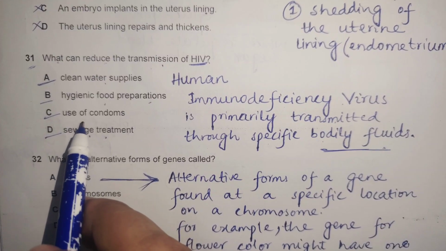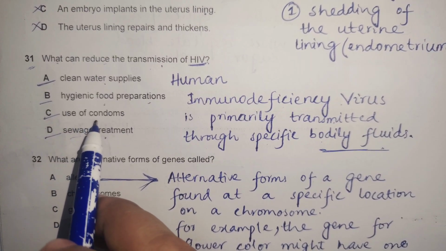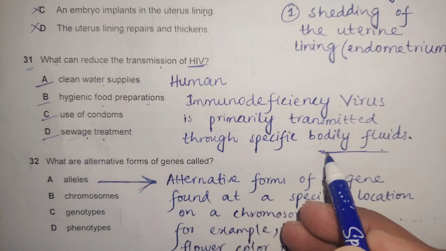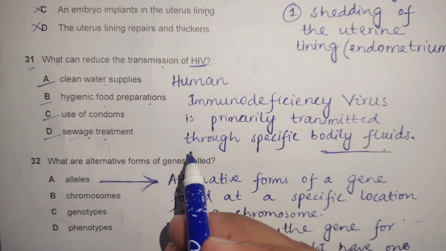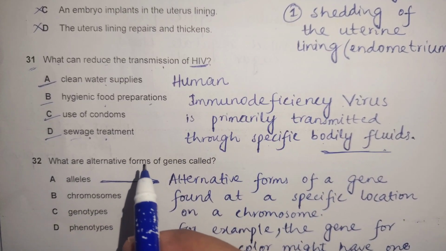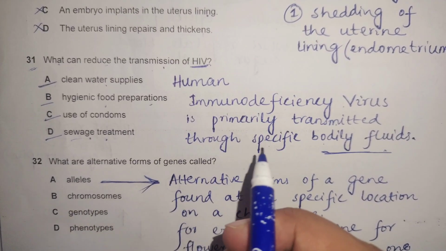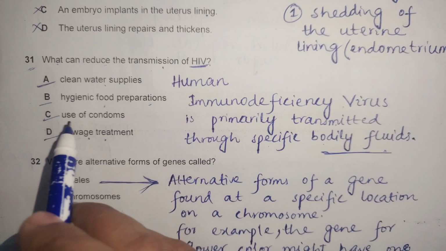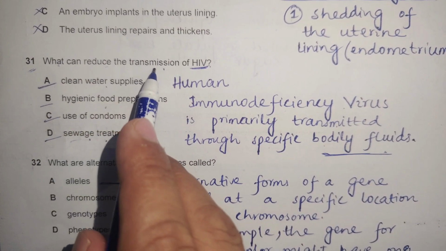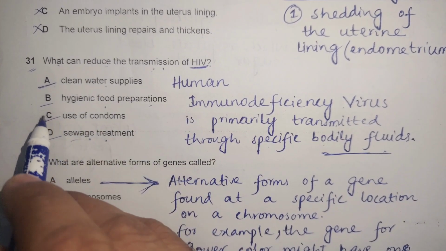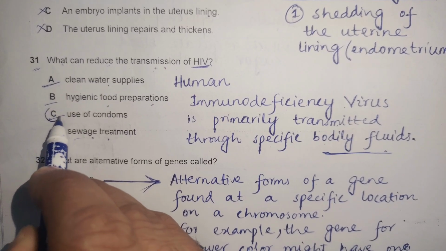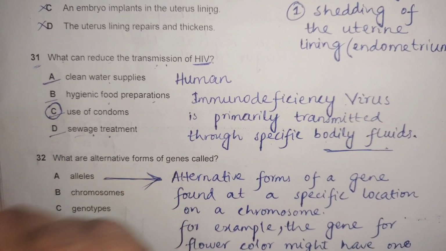It is actually use of condoms, because body fluids can be transferred when the human body is in contact with another body directly. So we can reduce its transmission by using condoms. So C is our correct answer.